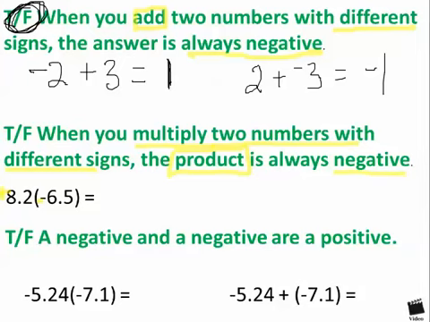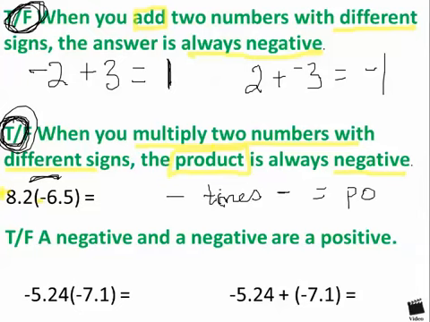This time, it's very true. Why is it true? Because anytime you're multiplying, a negative times a negative is a positive. So if you have one negative sign and nothing to negate it, then your answer is going to be negative.